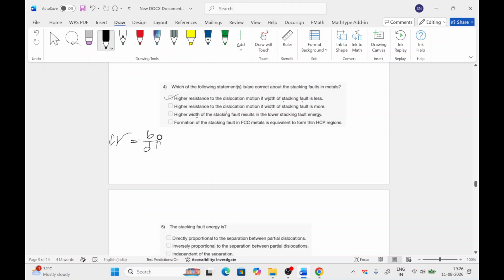Next is, higher width of stacking fault results in lower stacking fault energy. So C option is correct. Then, formation of a stacking fault in FCC metals is equivalent to forming thin HCP regions. Yes, this is also correct. FCC metals have atomic arrangement ABC, ABC, and so on.